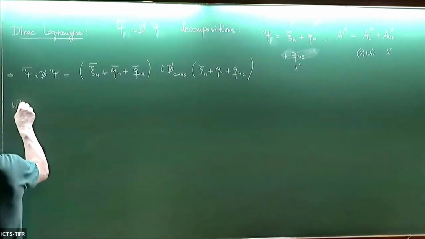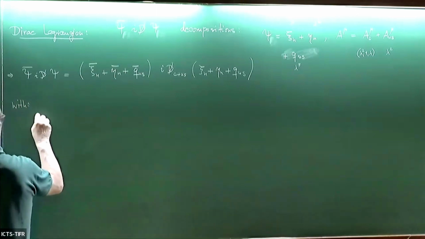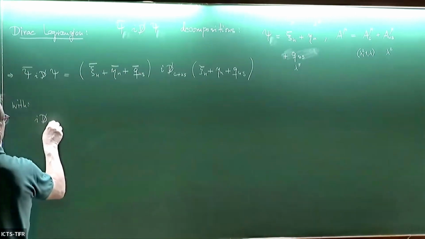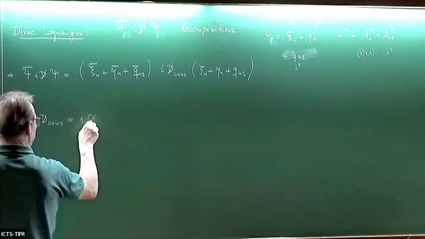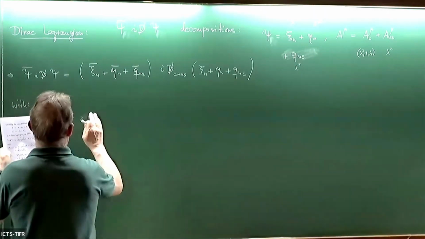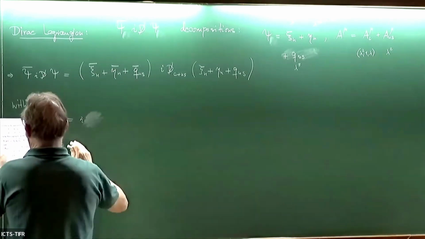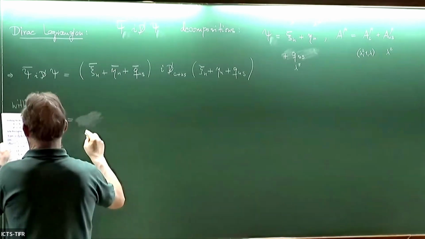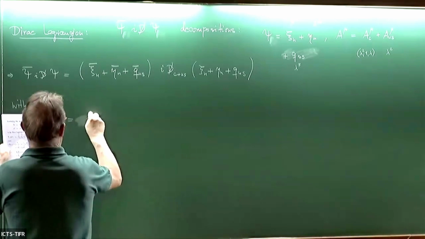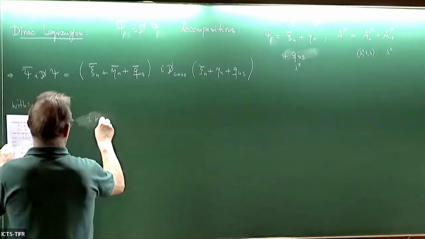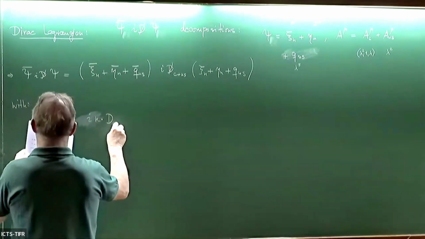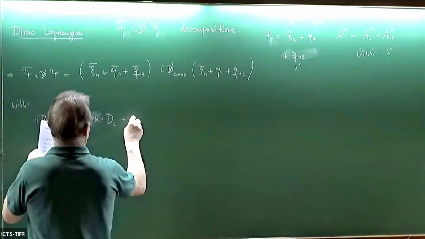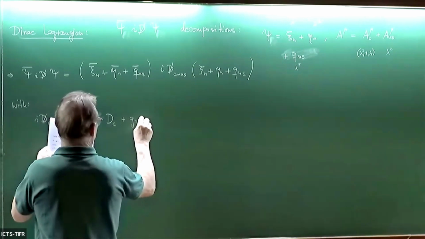No, I want to write it differently. I want to decompose it into light cone components. So first of all, we have the n dot D, and I'm writing D now as D collinear plus the ultrasoft field, which I need to put separately.